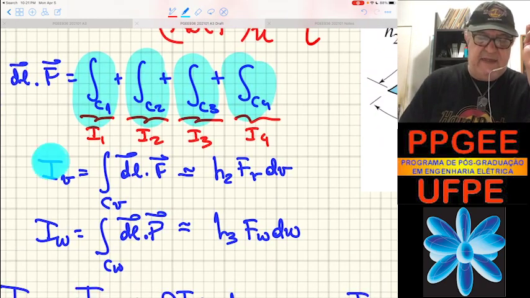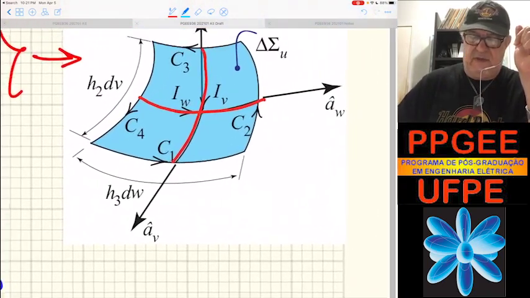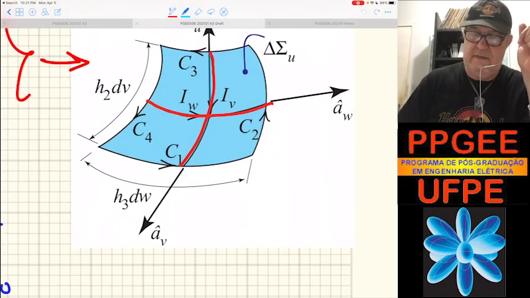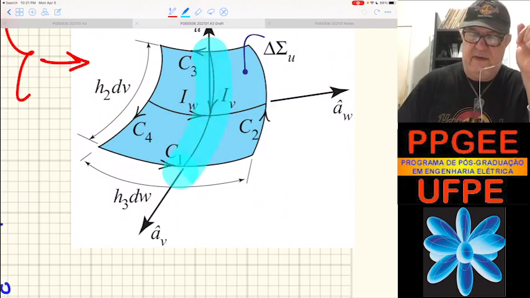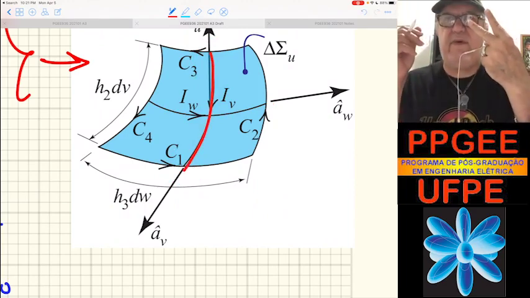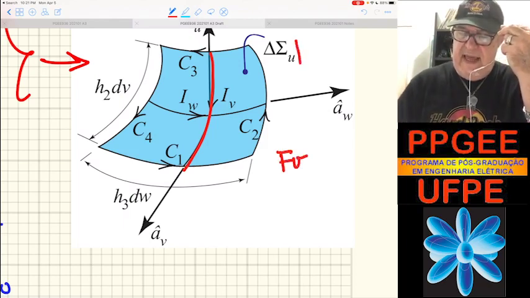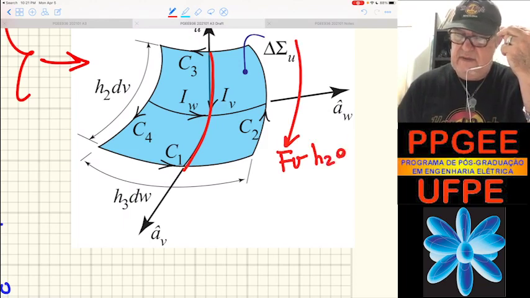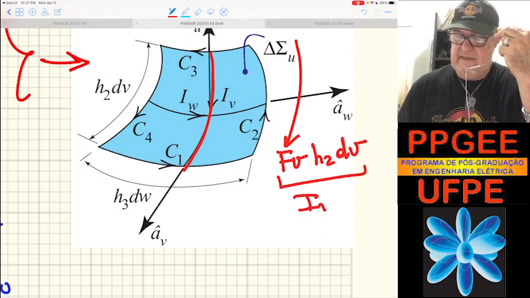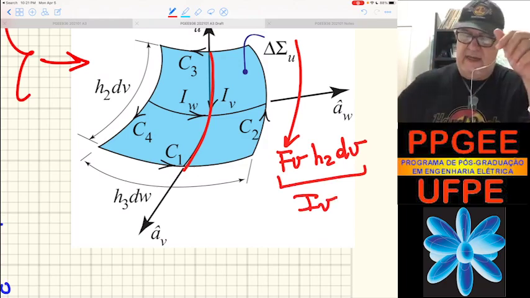And we have the central integral IV, which is this one here. IV is this one, right? So IV is just the second component of the field, which is FV, times the length from here to here, which is H2 dV. That's what IV is.